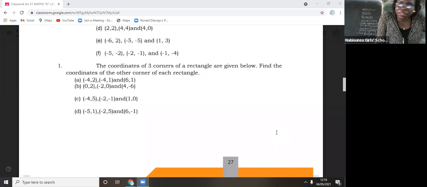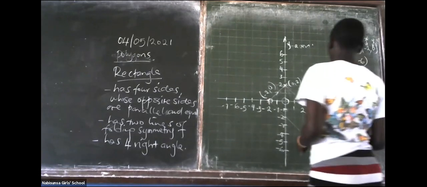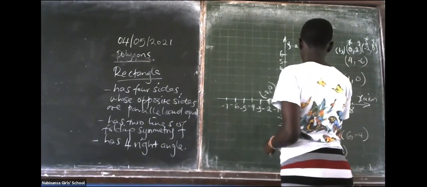Can you come and show it to us here? Somebody has a question. Where do we plot 1, 0? But we know that the first coordinate is the X coordinate and the second coordinate is the Y coordinate. Do you plot it here or here?